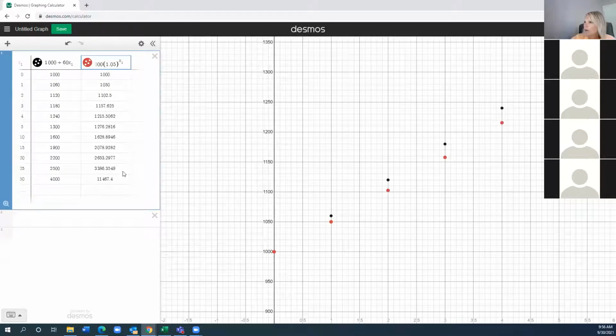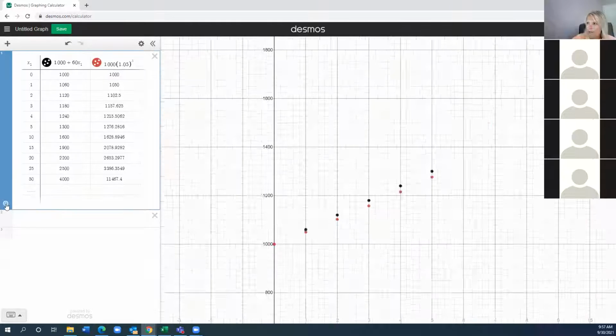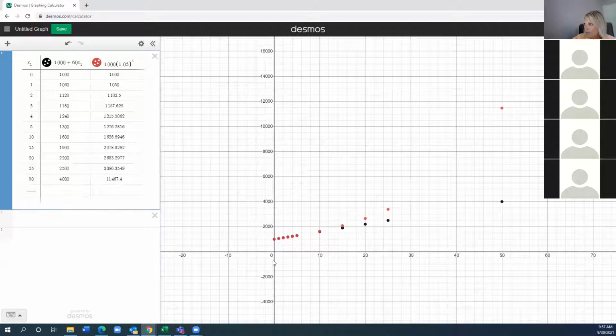Okay, but if you look at my graph, it doesn't really show anything beyond when the linear, the simple interest, was above the compound interest. So I'm going to go back to my magnifying glass and hit it again, and it's going to readjust because I have data out here now. And look what happened. It was just about year 10.